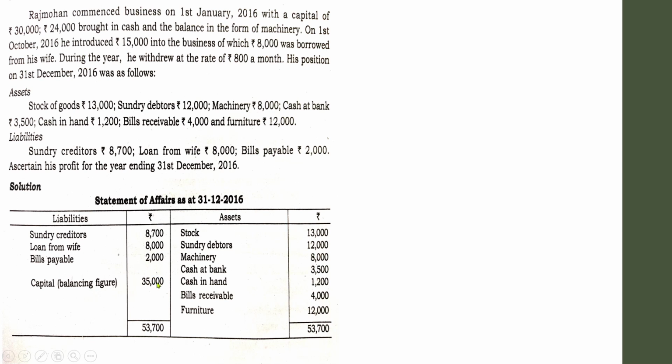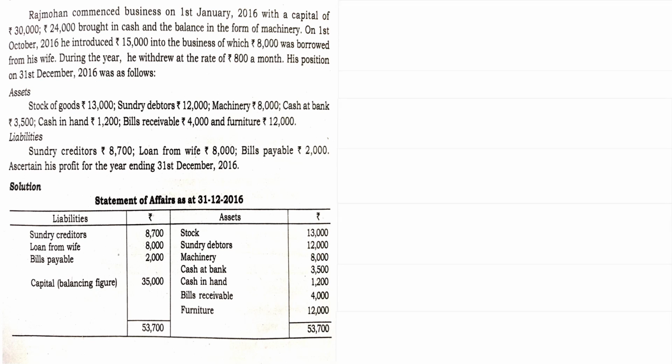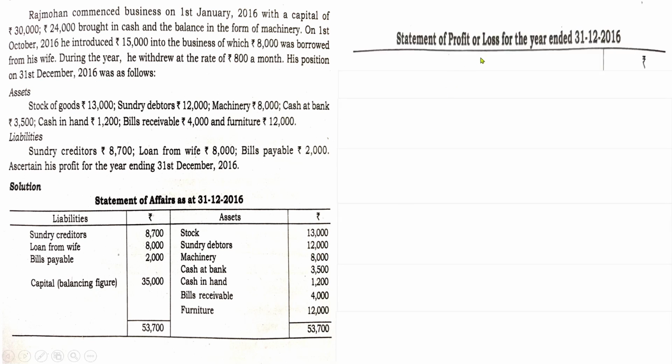Once we have opening capital and closing capital, next what we have to do? You need to prepare a statement of profit and loss for the year. So let us begin that. First one, statement of profit and loss for the year 31st/12/2016. We will begin with opening capital or closing capital.